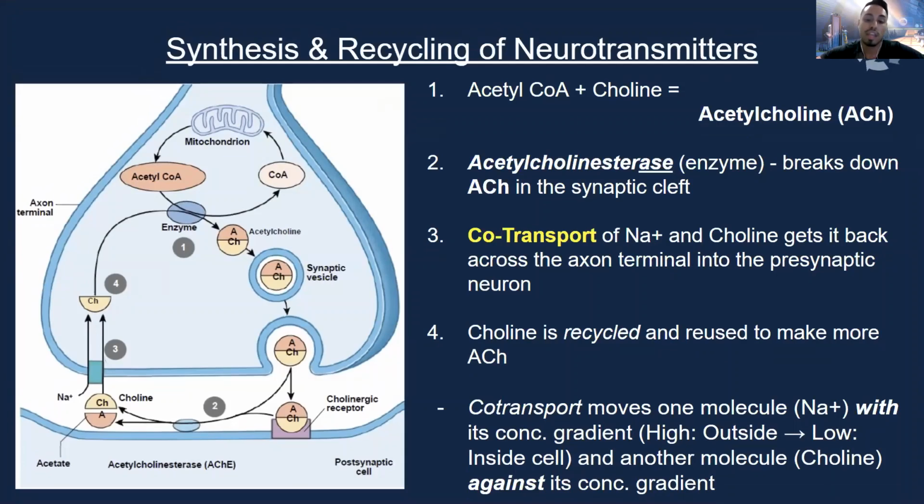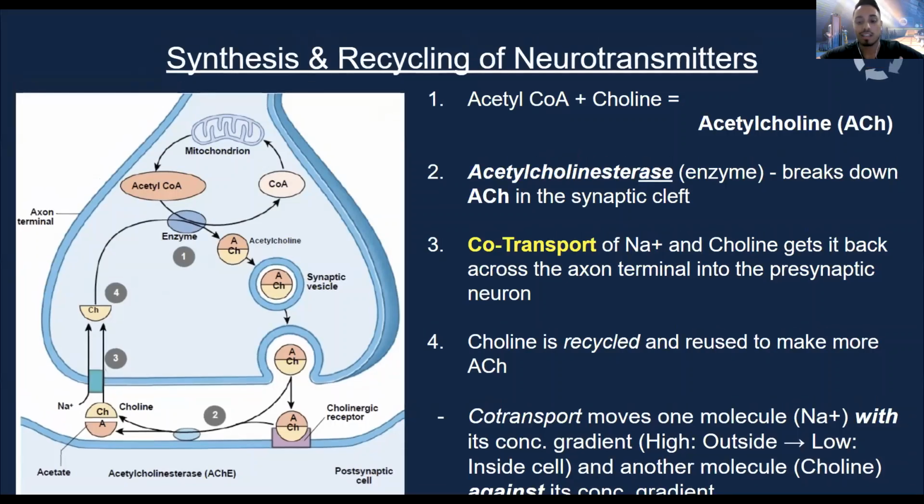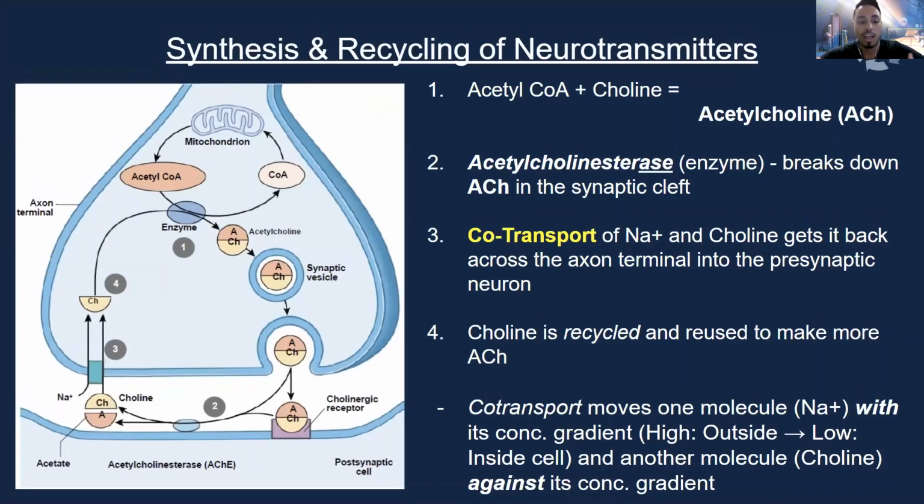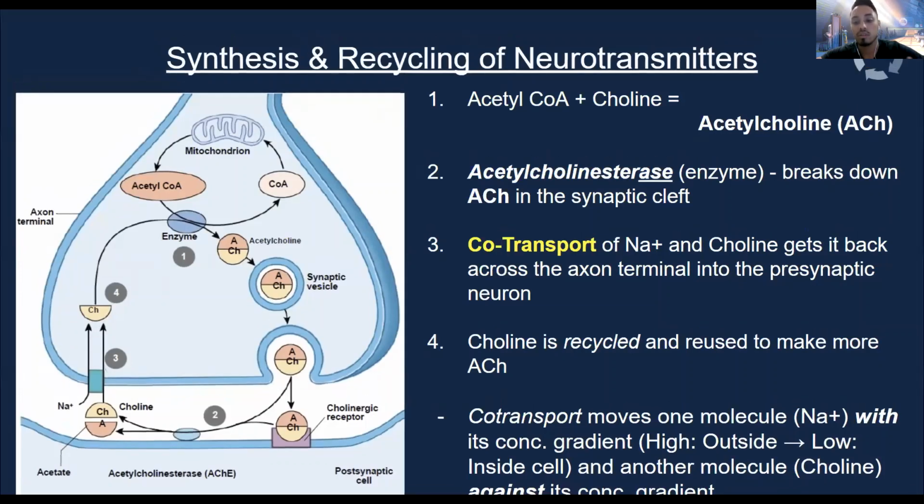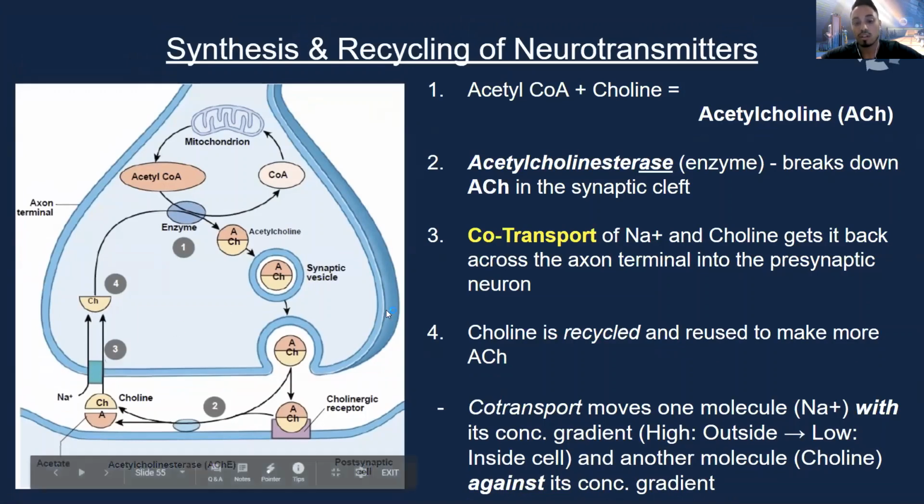So it wants to move in. And then the choline hitches along for the ride. It's as if sodium paid the toll and brought choline with it. Okay, and it brought the choline with it against its concentration gradient because choline concentration is greater inside of the neuron. And now that choline is back in the cell, it can be reused or recycled to make more acetylcholine.